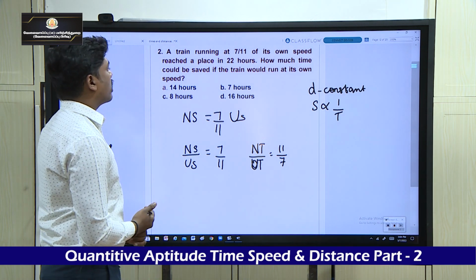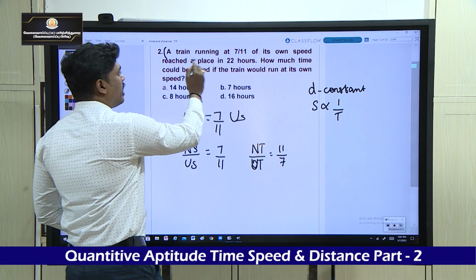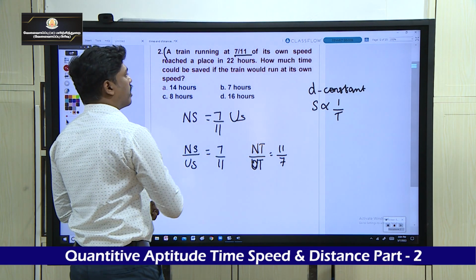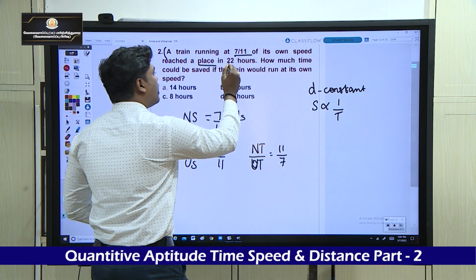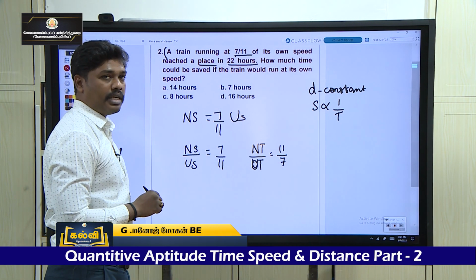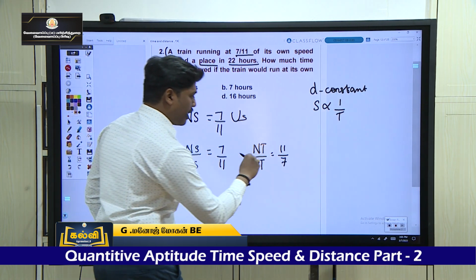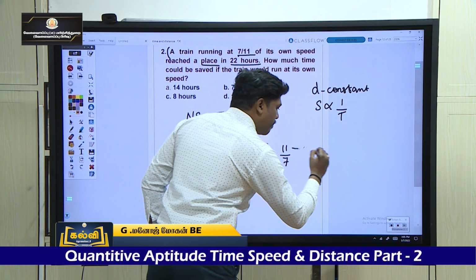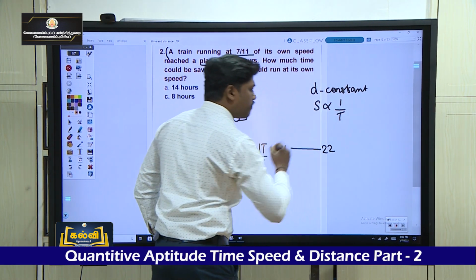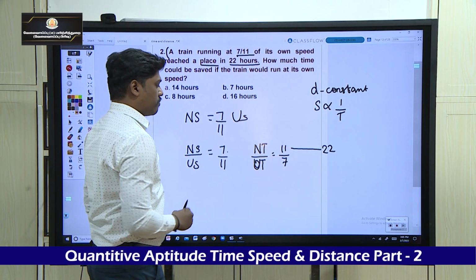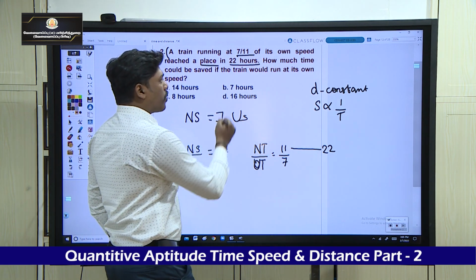Now come to the second point here. A train running at 7 by 11 of its own speed reaches the place in 22 hours, which means with the new speed it has taken 22 hours.